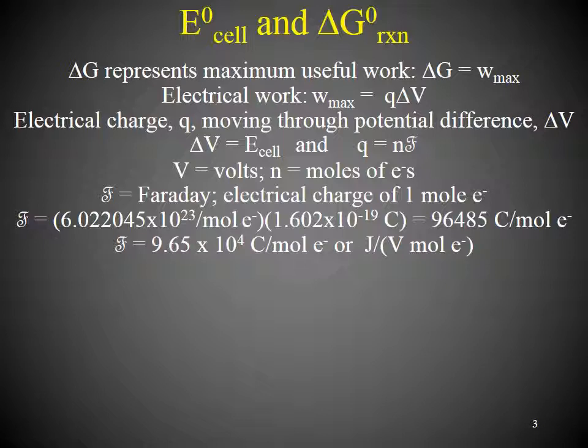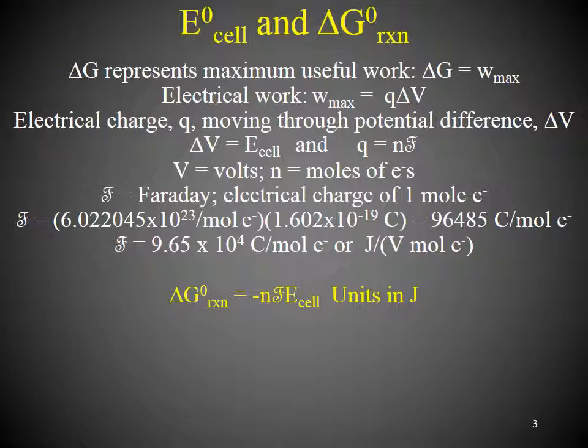More commonly, we represent 1 Faraday as 9.65 times 10 to the 4th coulombs per mole of electrons, or joules over volts times mole of electrons, times 1 mole of electrons.